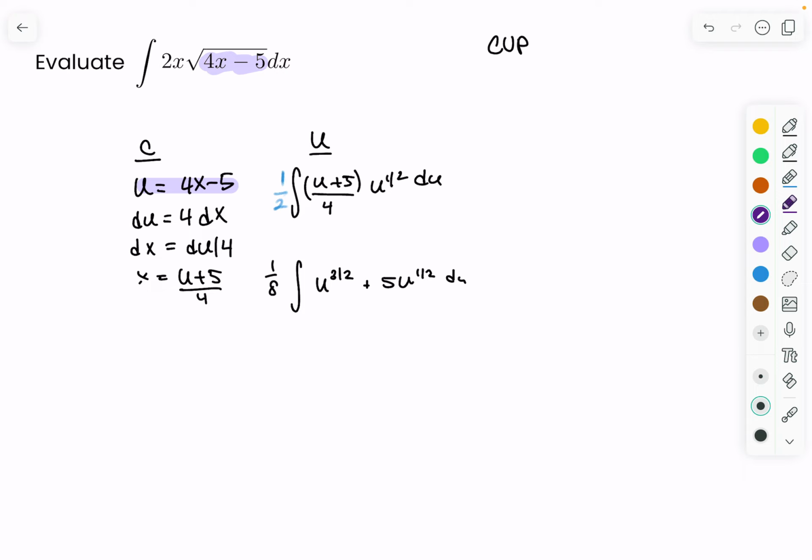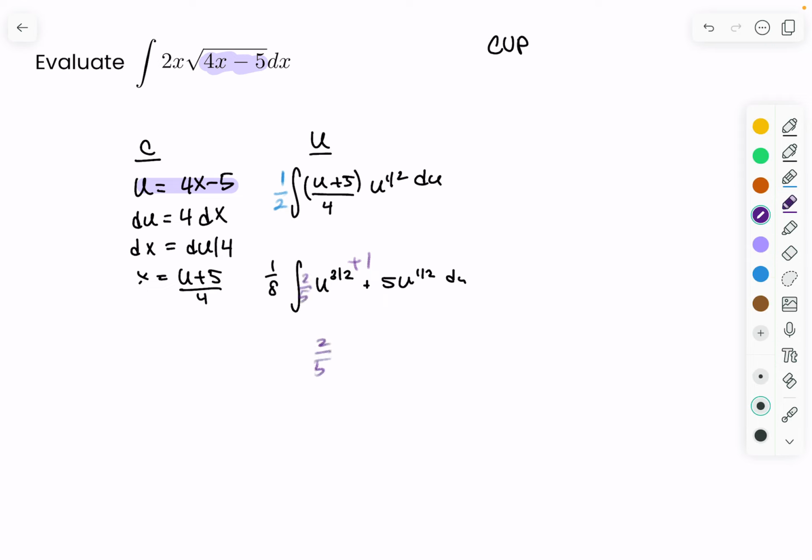And then you can do your stuff. So this becomes plus 1, so you do 3/2 plus 1, that's 5 over 2. So you divide by it, actually, my bad, you multiply by the reciprocal, 2 over 5.